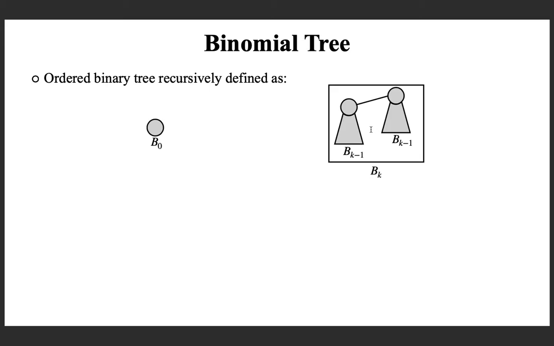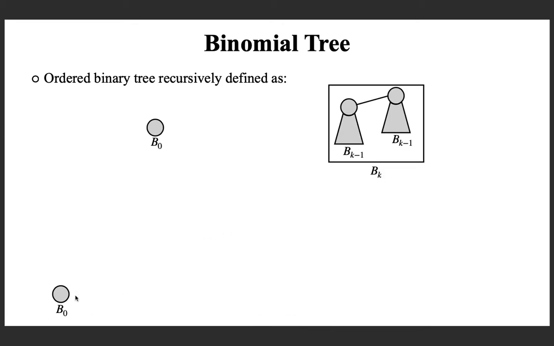Then you attach the second binomial tree Bk minus 1 as the leftmost child of the other tree, and that is what you can do to get a binomial tree of height k, that is Bk. We can see examples to make it more clear.